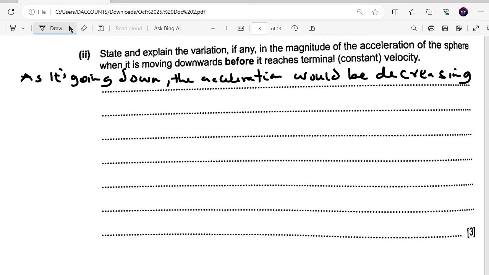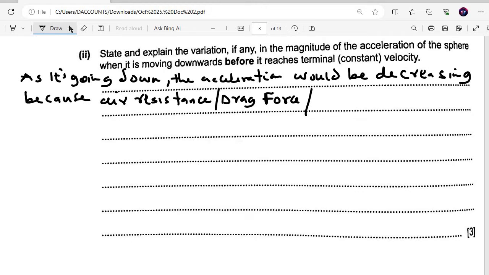You know why? Because air resistance, or drag force, or viscous forces, anyone you want to use, is increasing. Why is it increasing?